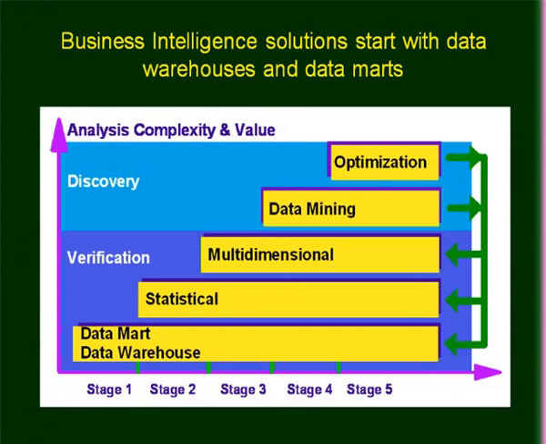There are different stages. In stage 1, we use the concept of data warehouse and data mart to build the repository. Stage 2 applies some statistical methods, multidimensional modeling, data mining, and optimization. They all proceed later.